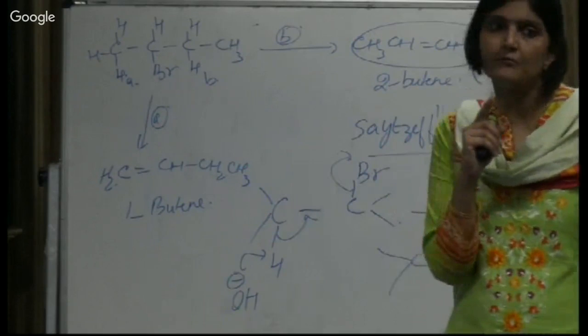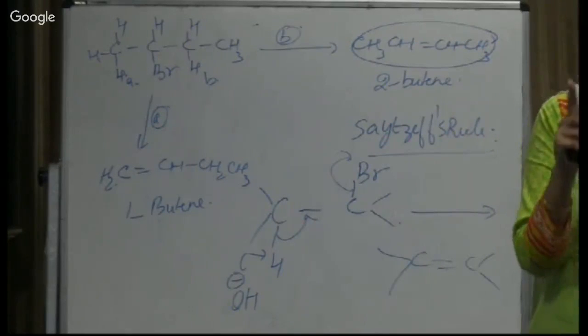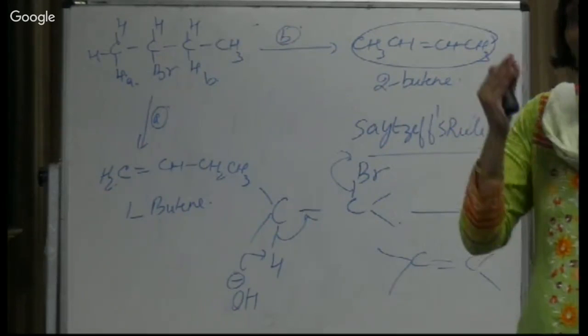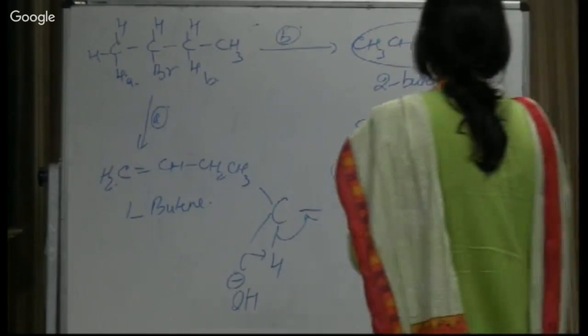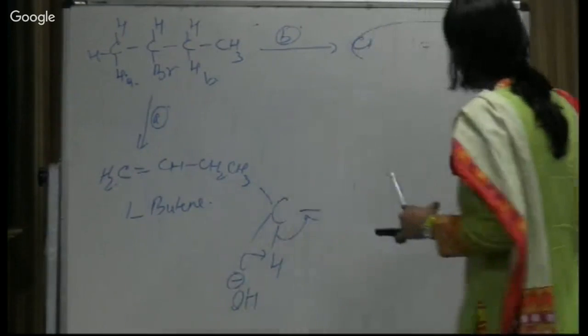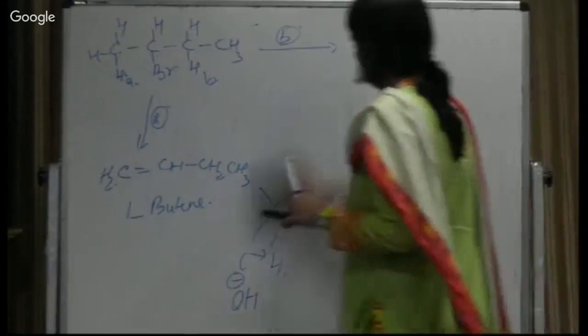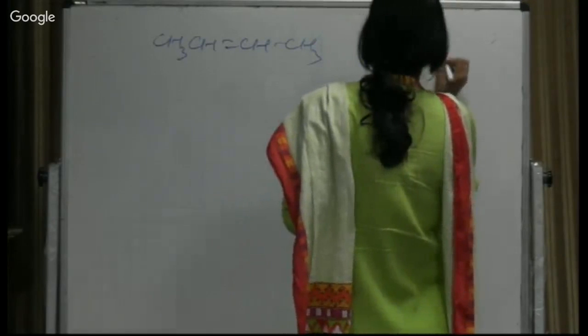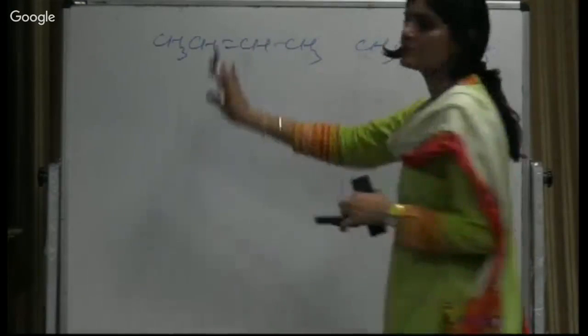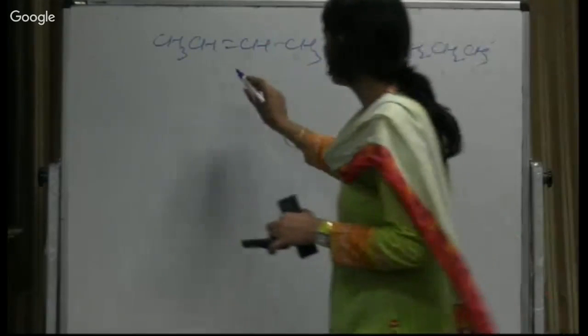If you have a mixture of an alkane and an alkene, and you react it with bromine, what will happen? So if you have a mixture of ethane and ethene, or a butane and a butene, and you are asked to separate them, what will you do?